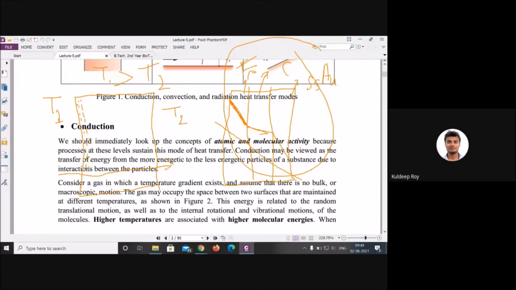At this particular position, all the atoms and molecules will definitely have some energy, because this region is heated, it is hot, meaning it has energy in the form of heat. It will try to reach an equilibrium condition. But how will it reach equilibrium, by gaining energy or releasing energy? There are two possibilities: either it will gain energy or it will release energy.